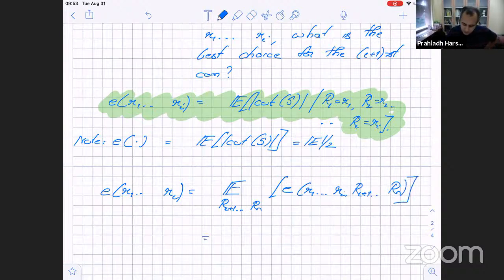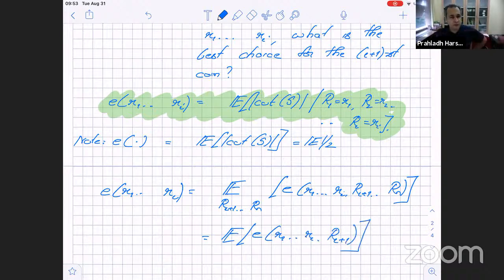I can also just write this as the expected value of E(R1, ..., Ri plus 1). People okay with this so far? What I fixed is the first Ri things. This expectation is this.